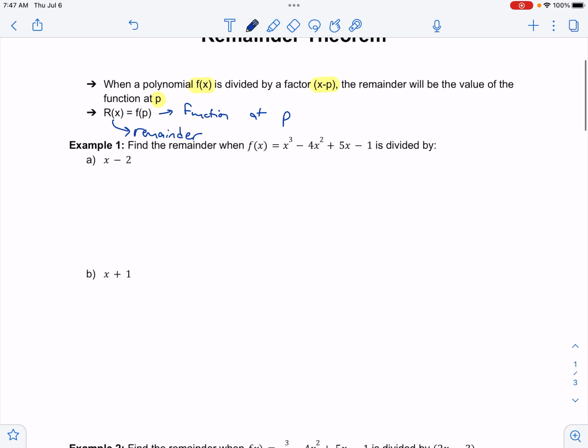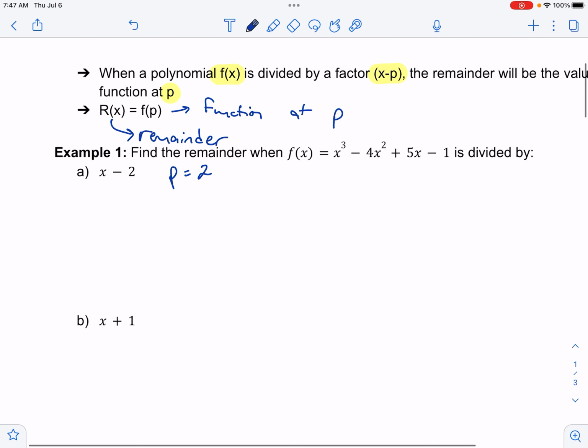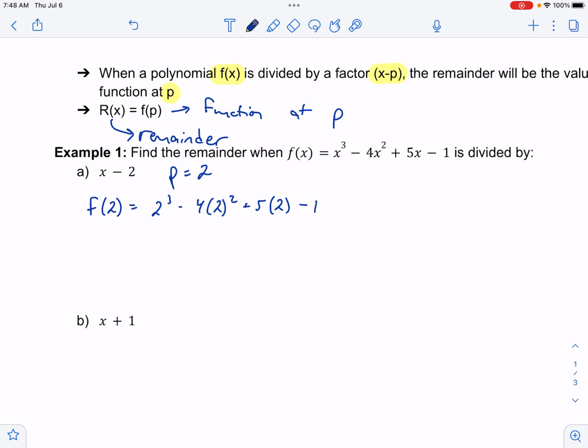So we'll do a couple of simple examples. In our first one here, we've got a function x cubed minus 4x squared plus 5x minus 1. And in our first example, it's being divided by x minus 2. So our p value here is simply going to be 2. Remember, it's the opposite of the sign that's provided. And I'm literally just going to sub that in. What's my function at 2? That'll be 2 cubed minus 4 times 2 squared plus 5 times 2 minus 1. 2 cubed is 8. 2 squared is 4.